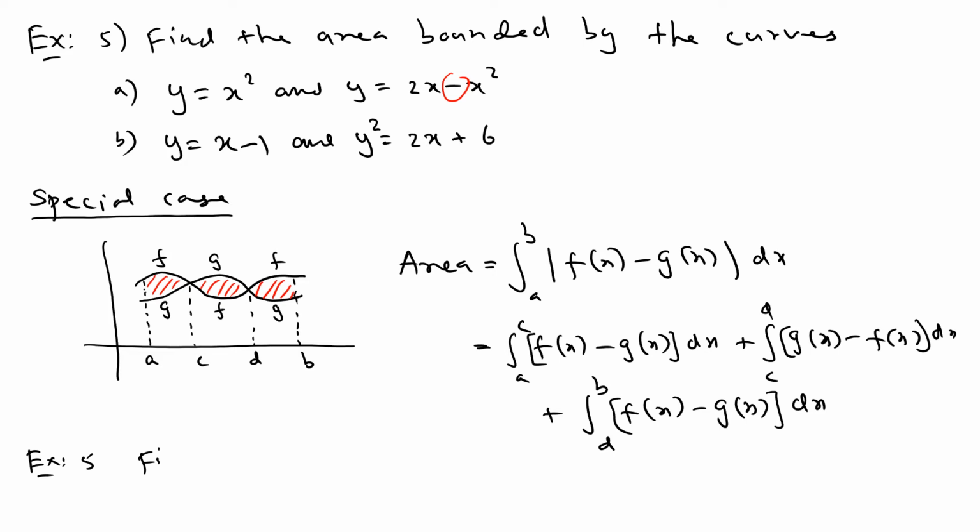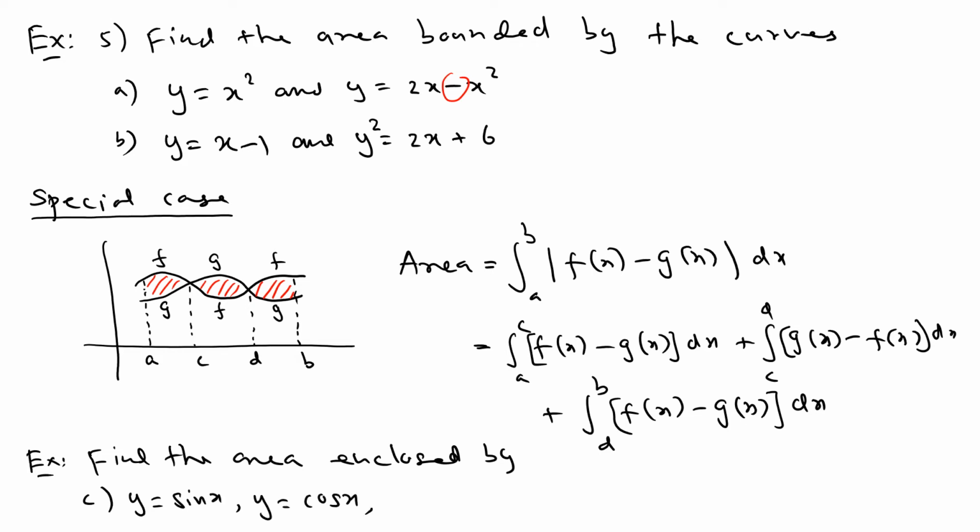Let's get the problem. Find the area enclosed by the curves. The first one is, it is C now, y equals sin x, y equals cosine x, and x equals 0, and the line x equals pi over 2.